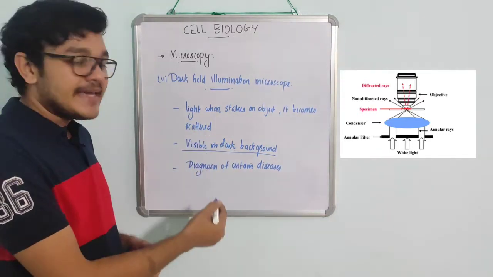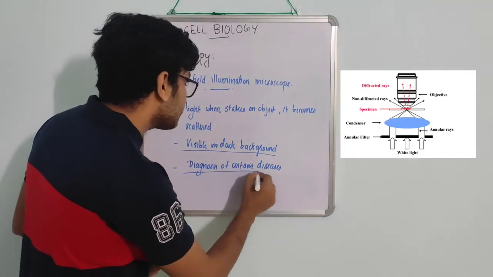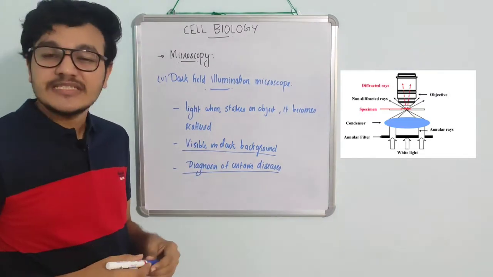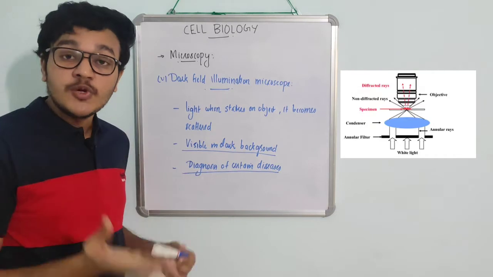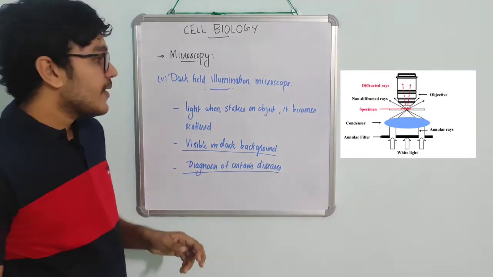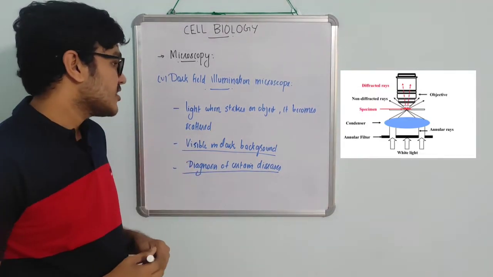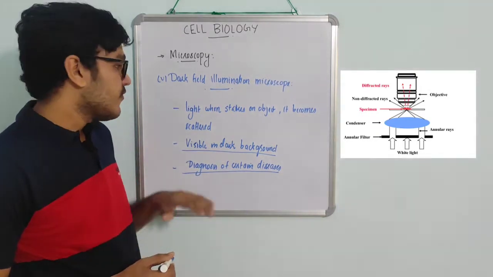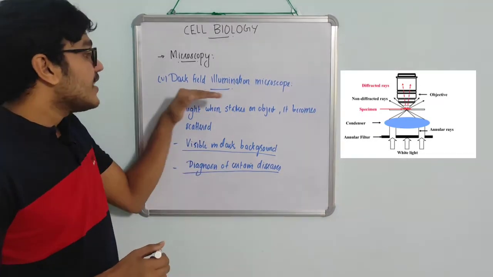Now the major application is that it's used for diagnosis of certain diseases. Another important point is that certain microorganisms which cannot be viewed through an ordinary microscope can be viewed through a dark field illumination microscope. For example, the syphilis spirochete can be viewed using a dark field illumination microscope.